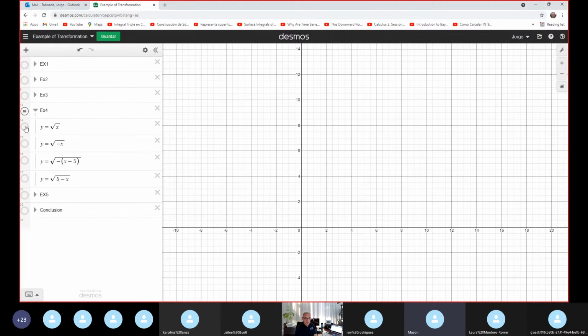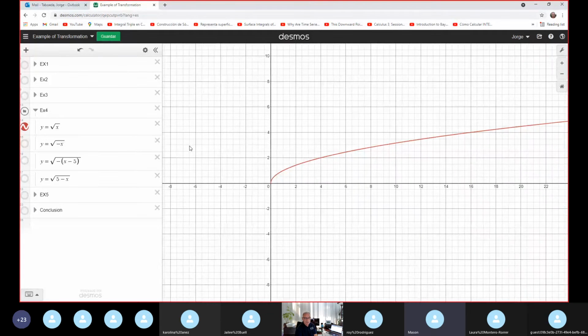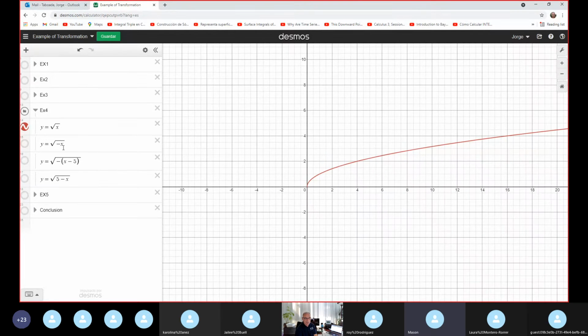Okay, and my basic function is a square root function. It looks like that. The first transformation is the negative inside, which is a reflection. And I copy here both ways, the original. The second one is more clear, in my opinion.